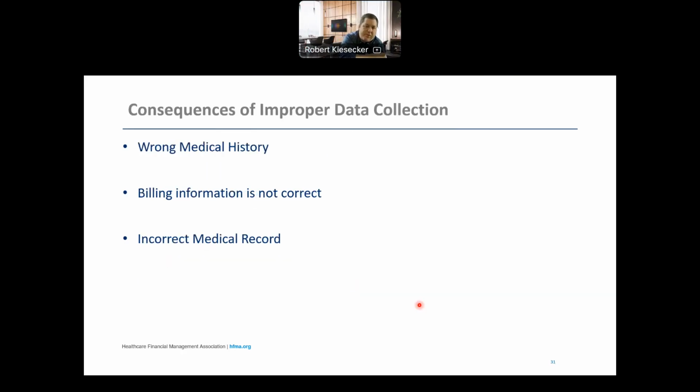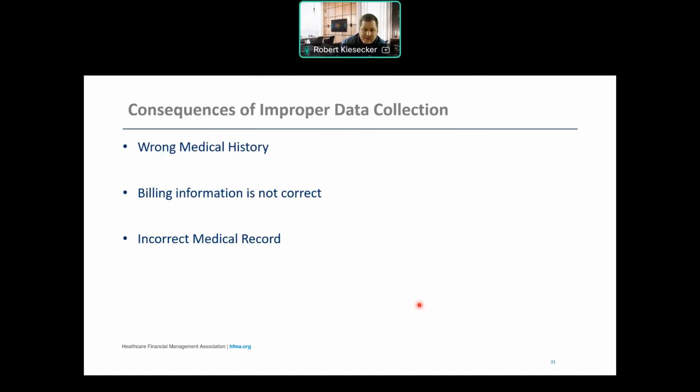So, consequences for improper data collection. Wrong medical history, billing information that is not correct, and an incorrect medical record number. These cannot be overstated. Once this error occurs, it becomes harder and harder to fix, and it requires more resources that are involved. This may include self-disclosure.